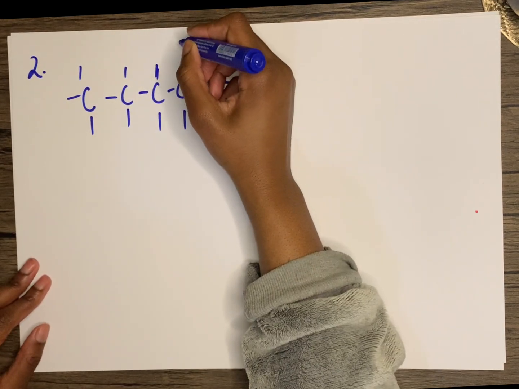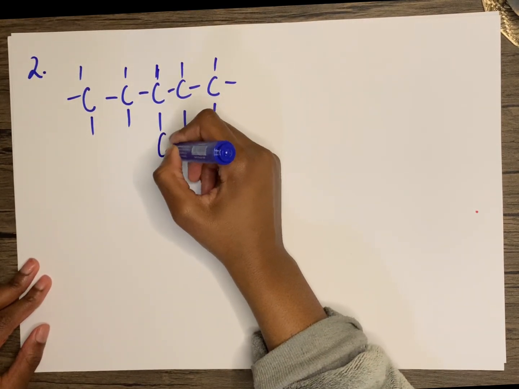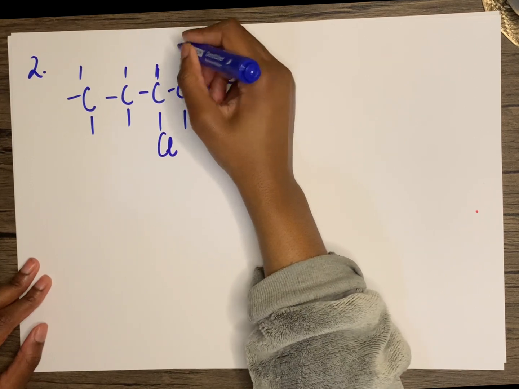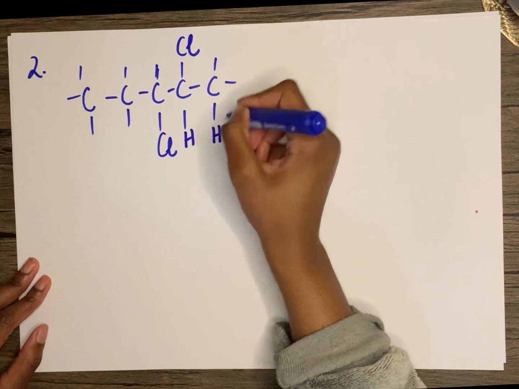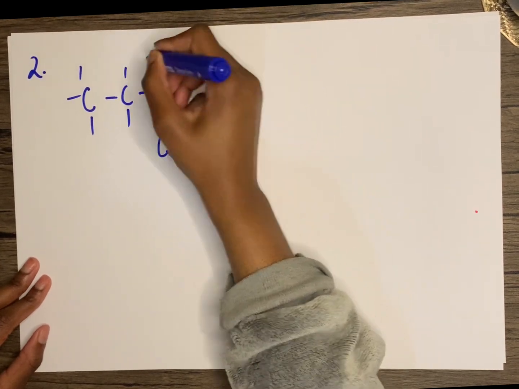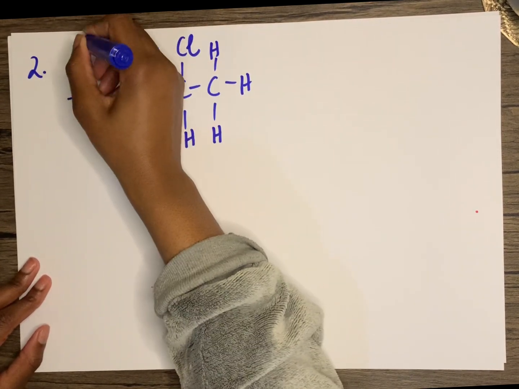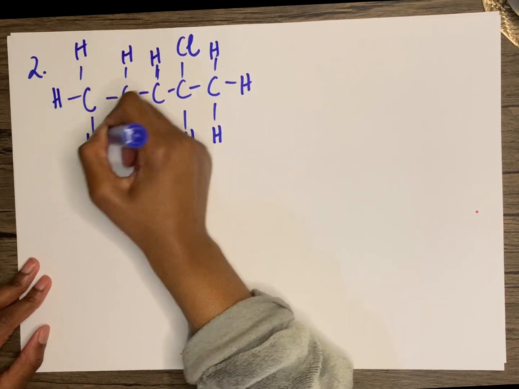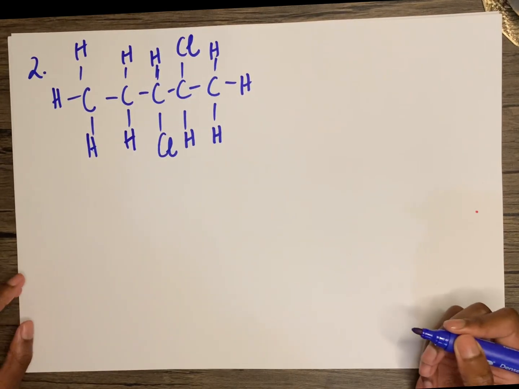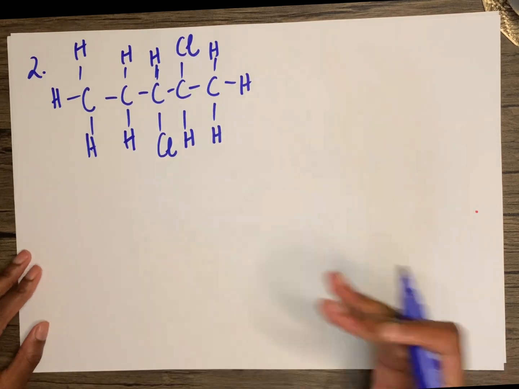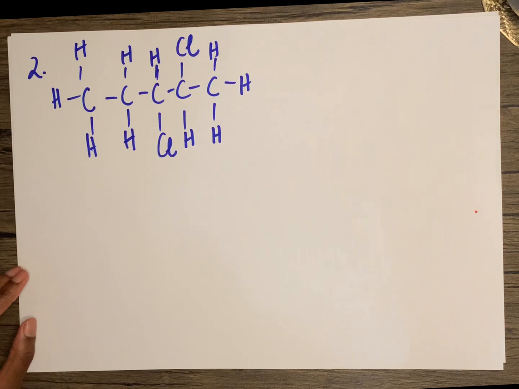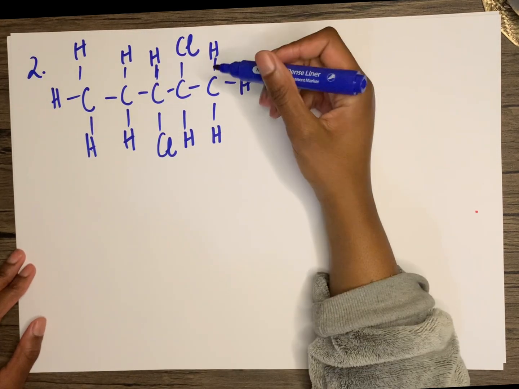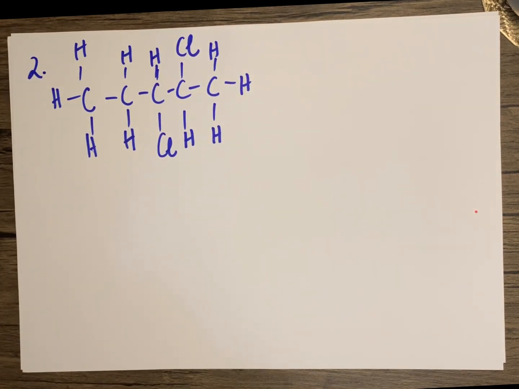I can have a chlorine here and another chlorine here. And then I can have hydrogens. Right? So when I have a situation like this, then when I am naming, I also have to assign the positions like I did before, right?